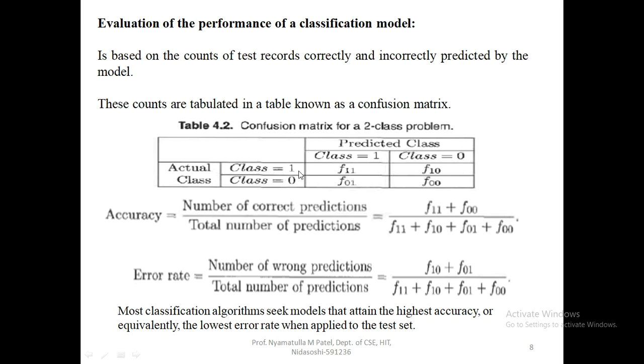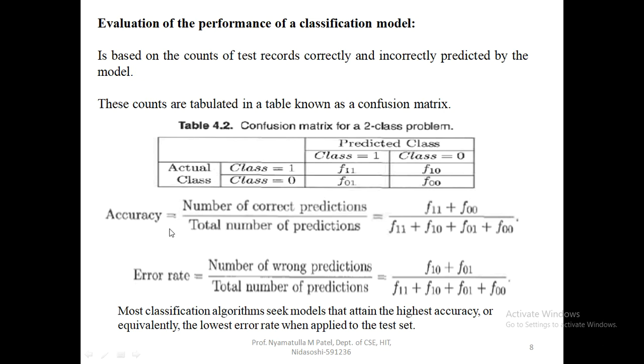If actual class is 1 and predicted class is 0, then it is f of 1 0. If actual class is 0 and predicted class is 1, then it is f of 0 1. If actual class is 0 and predicted class is also 0, then we call it f of 0 0.